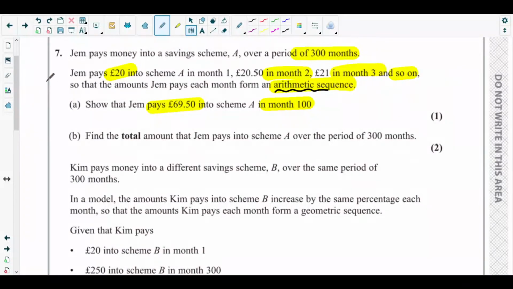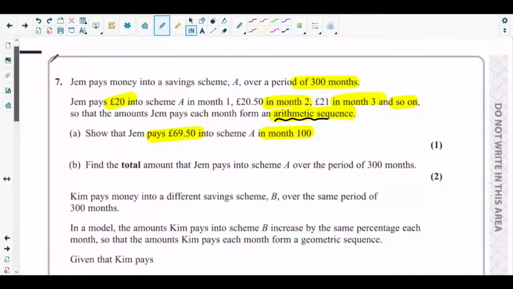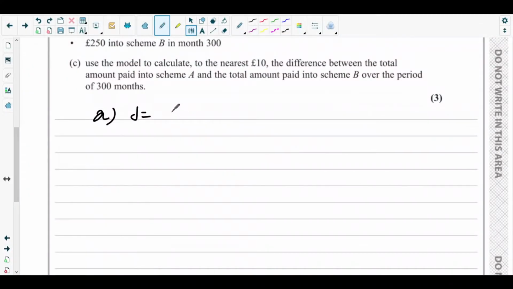First month is 20, second month is 20.50, third month is 21. So the common difference is 0.50.